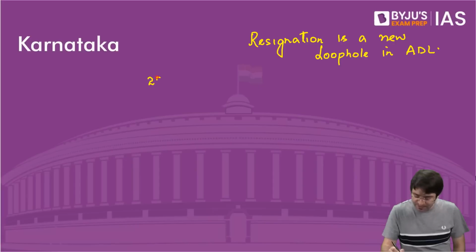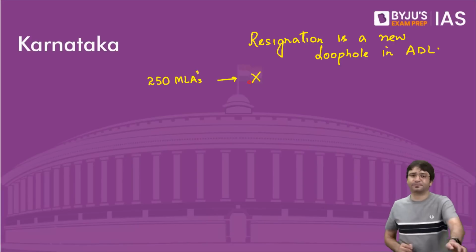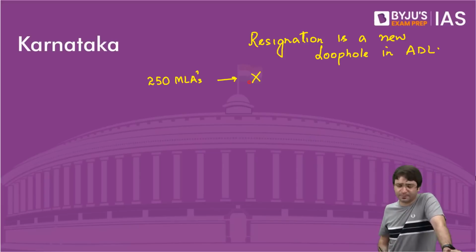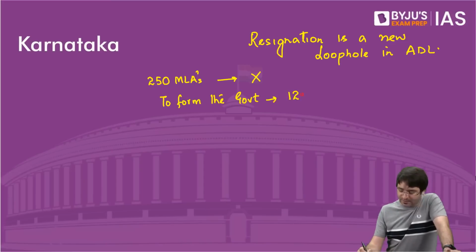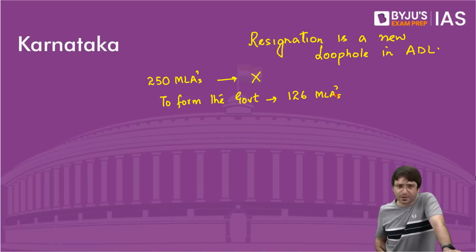For example, we have 250 MLAs in a state X. For example, to form the government, what do we need? 126 MLAs. Clear?